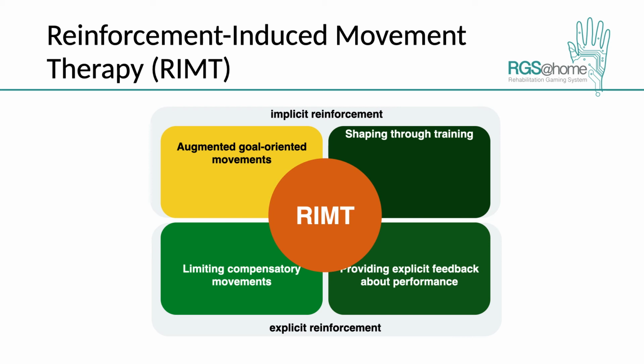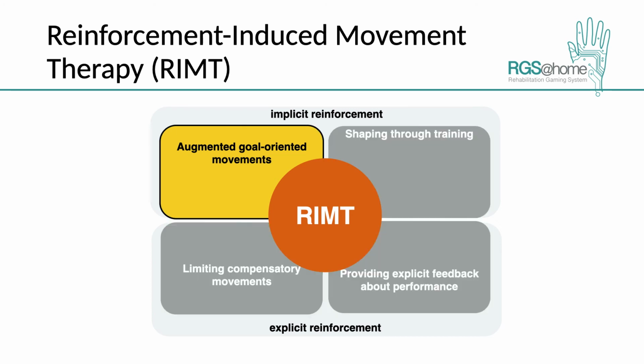Specifically, we limit trunk overcompensation through trunk displacement, and also overcompensations related to the overuse of the non-affected arm. And in second place, through the explicit reinforcement mechanism, we also provide feedback about performance through a scoring system.